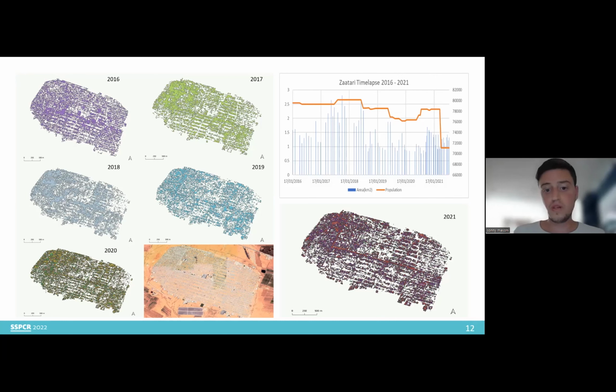To give useful spatial information on the field, I would like to focus on this graph. It's a simple representation of the area calculated by the workflow compared to the population data of Zaatari.